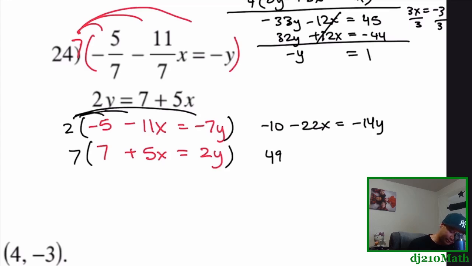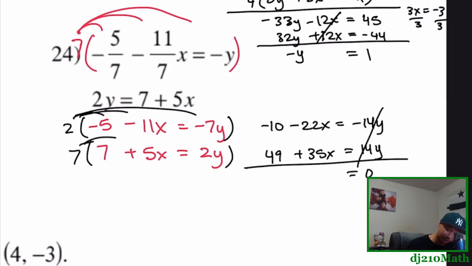49, right, because 7 times 7, plus 35x, and then equals 14y. So when you add, 14's cancel, make 0. Okay, 39, it's an odd number. And then this is going to be a positive.